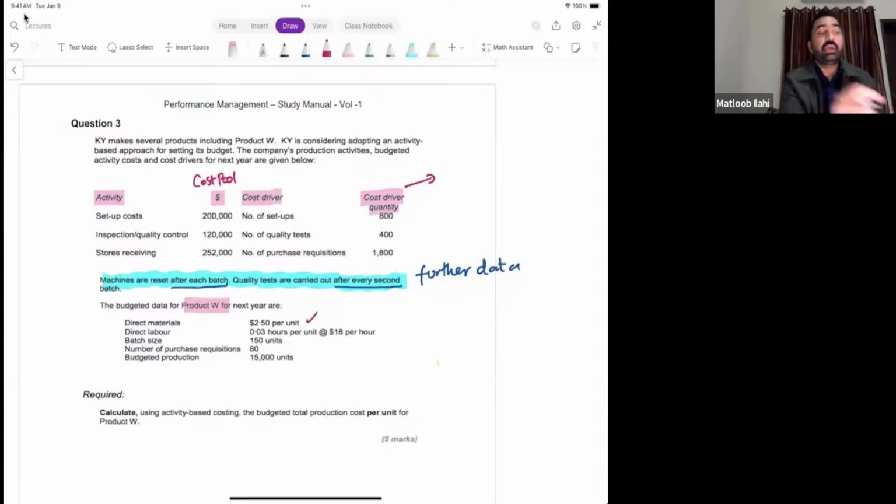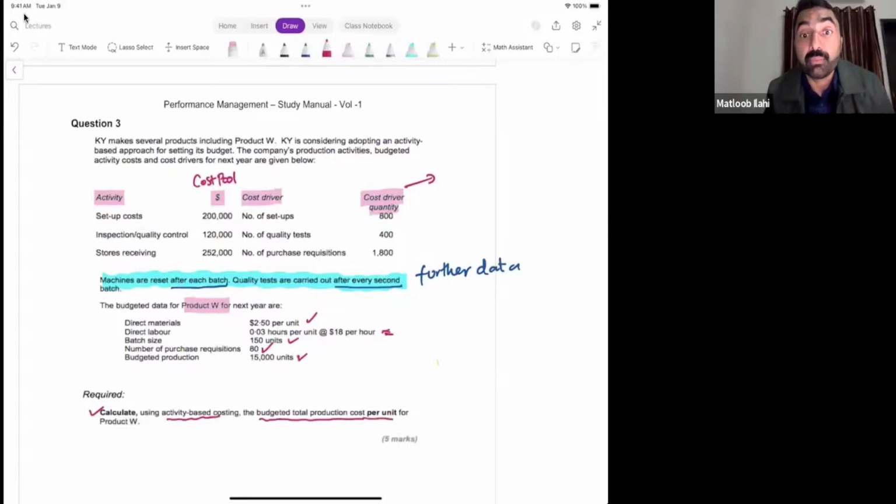Direct labor requires 0.03 hours per unit, and the rate of labor is $18 per hour, so you have to calculate its labor cost. Batch size is 150 units. Number of purchase requisitions is 18, and budgeted production is 15,000 units. What is required is to calculate, using ABC costing, the budgeted total production cost per unit for product W.